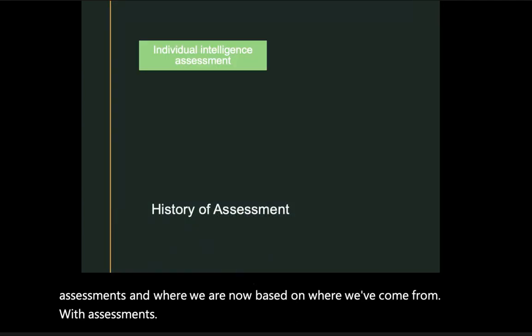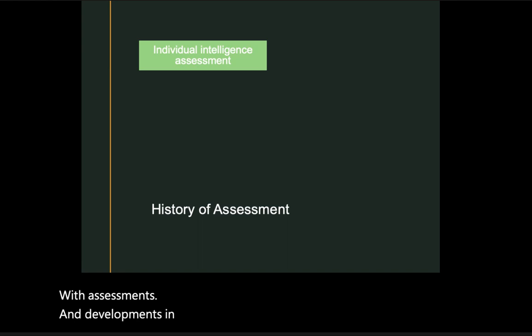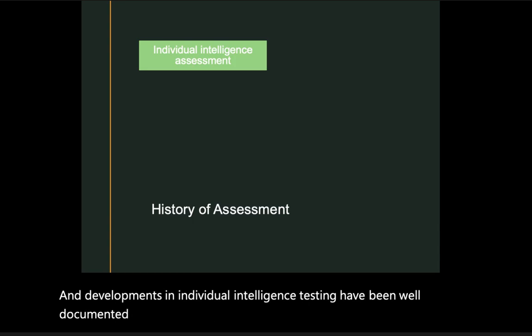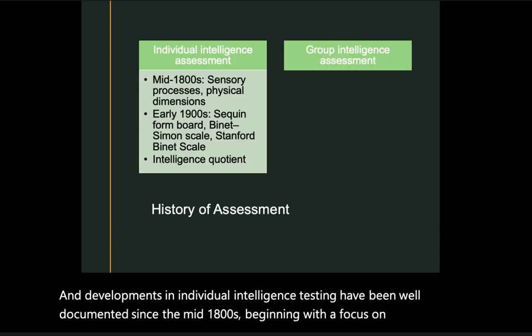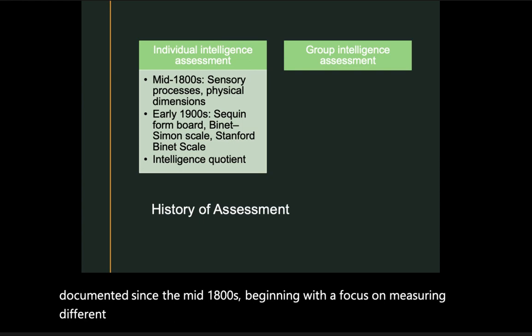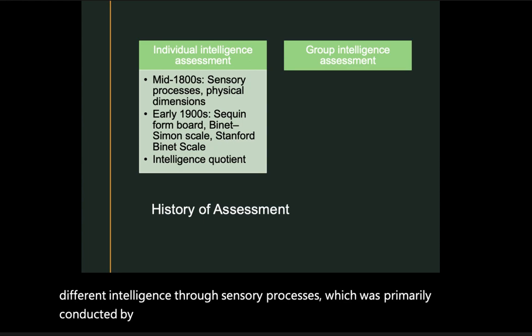Developments in individual intelligence testing have been well documented since the mid 1800s, beginning with a focus on measuring intelligence through sensory processes, which was primarily conducted by Wilhelm Wundt and Sir Francis Galton.